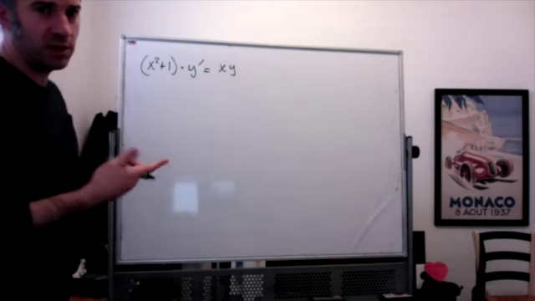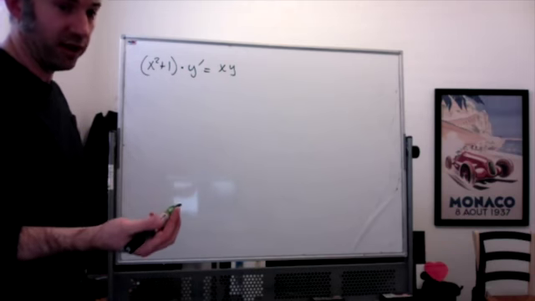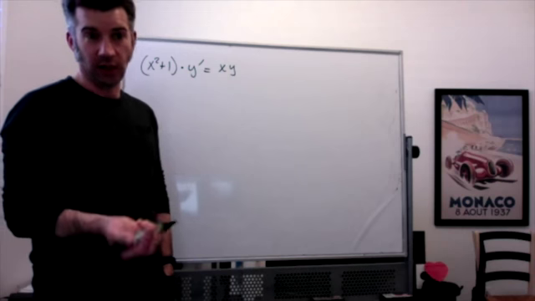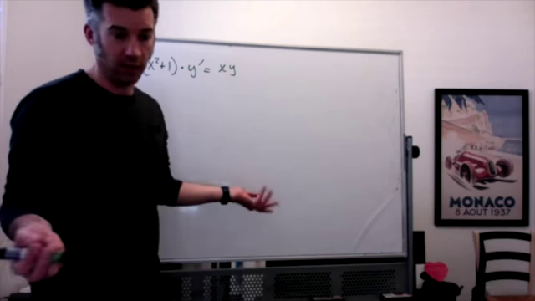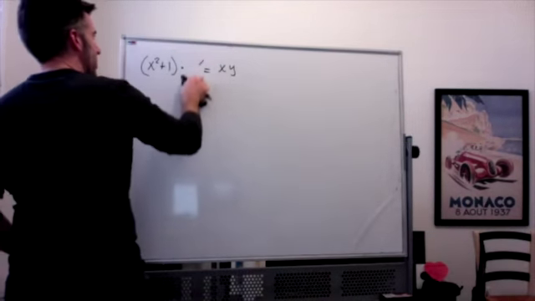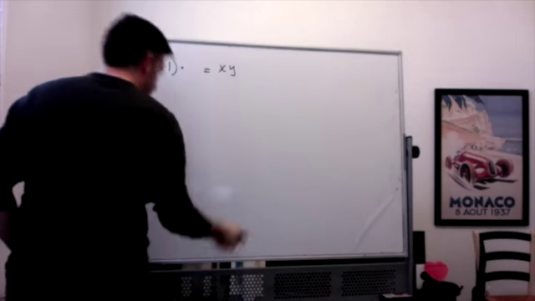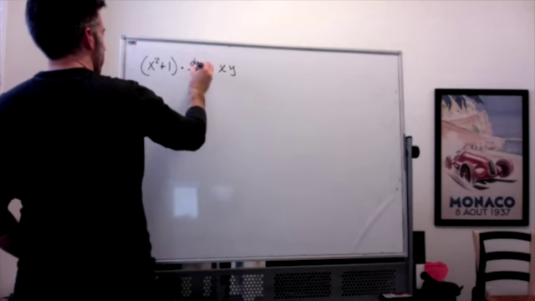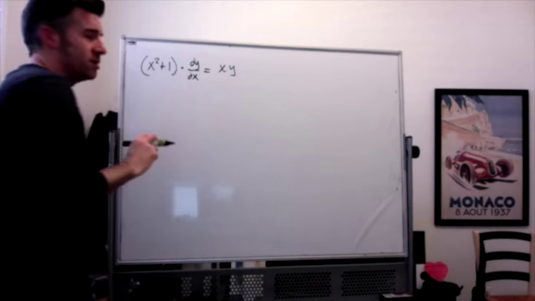First and foremost, you typically do want to write your derivative in the Leibniz notation, meaning dy dx or d whatever, right? Whatever your variables are. So I really would prefer to write this as dy dx. And here's the thing.